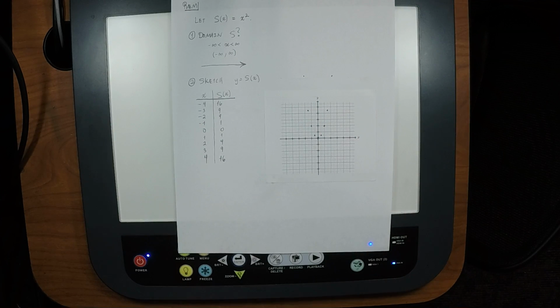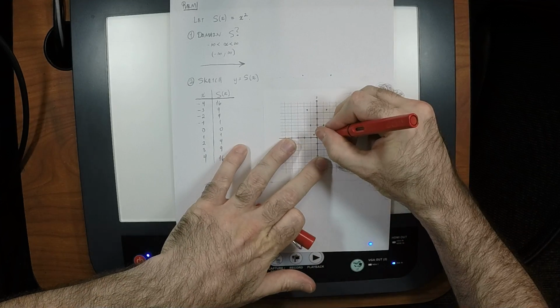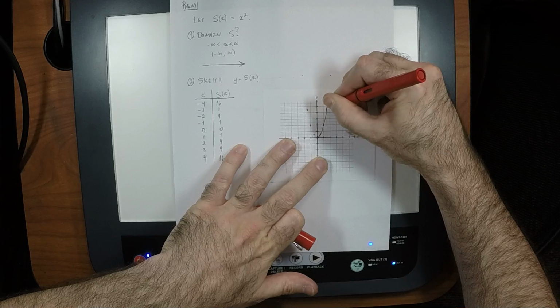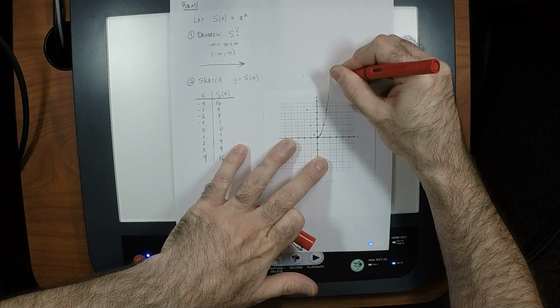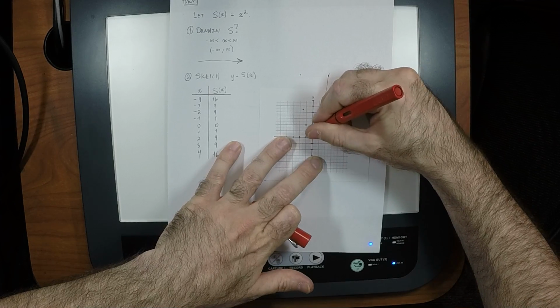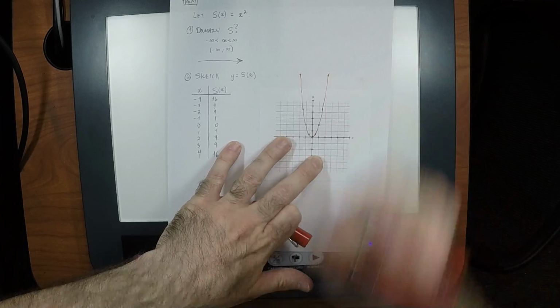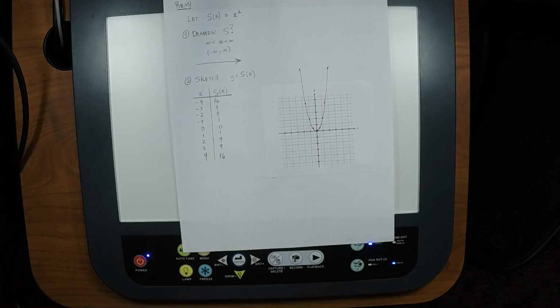Something like that. So the name of that shape is parabola.